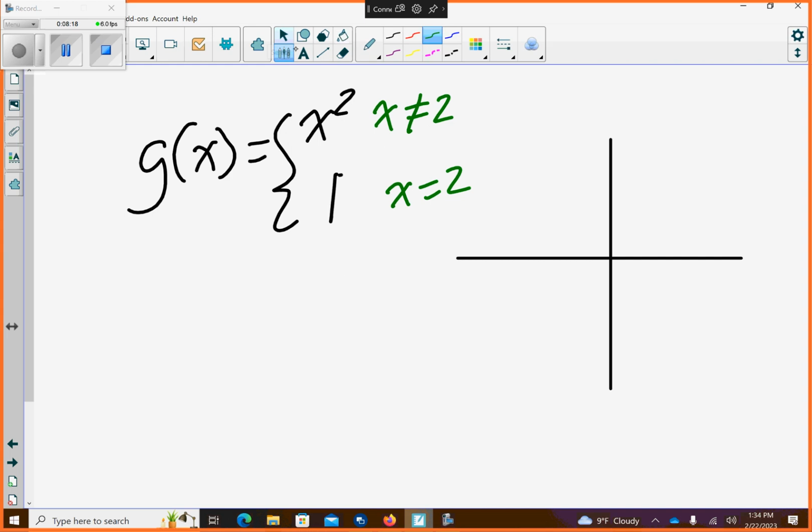Okay, so if I drew this, all I'm doing is just pattern graphing. So this is a parabola.